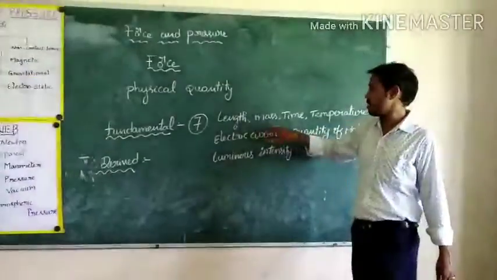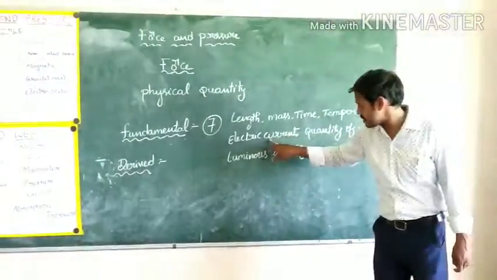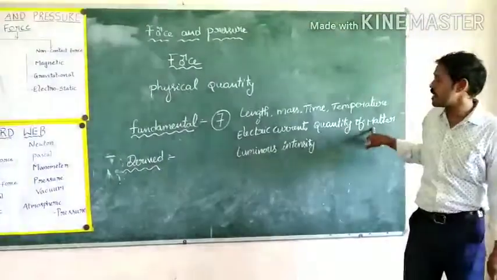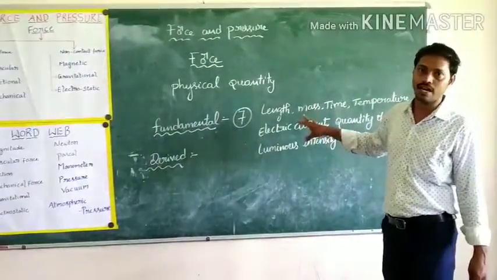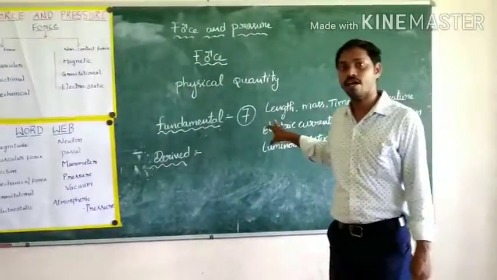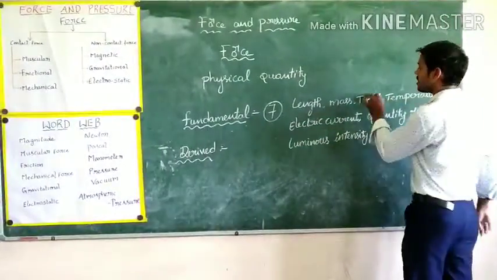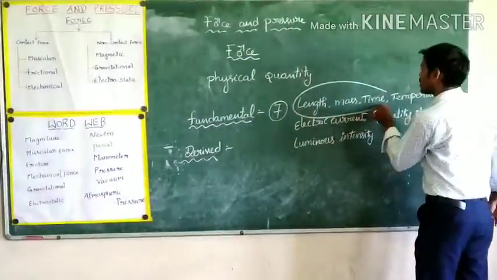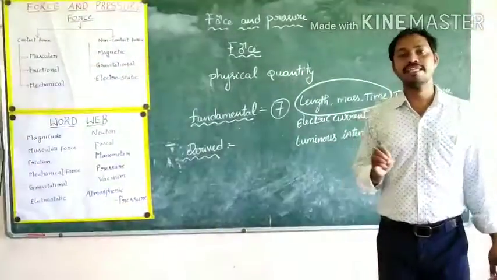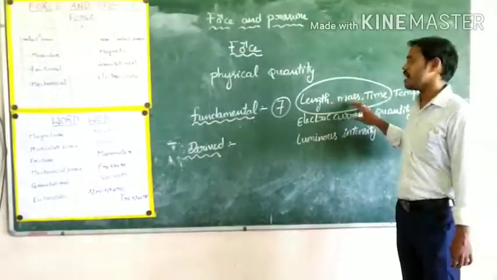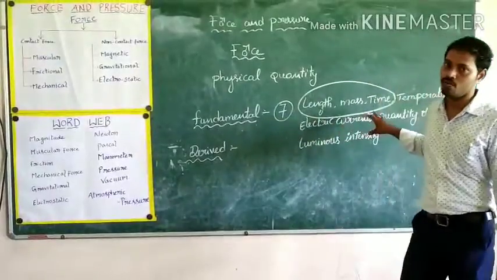Here length, mass, time, temperature, electric current, quantity of matter, and luminous intensity. These seven are known as the fundamental quantities. Among these seven, we are mainly related with length, mass, and time. So that's why we are discussing about length, mass, and time.